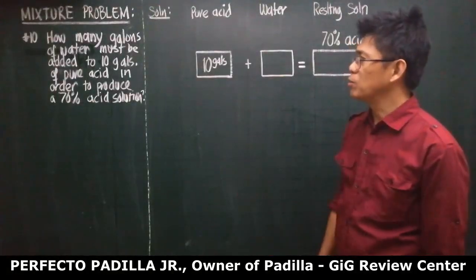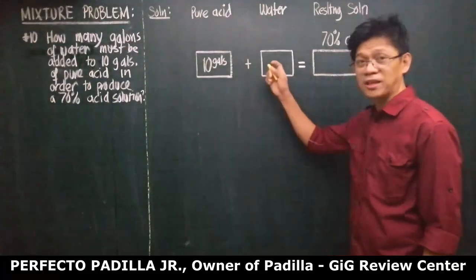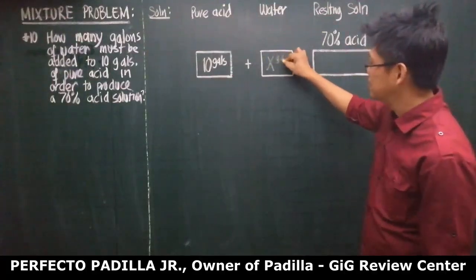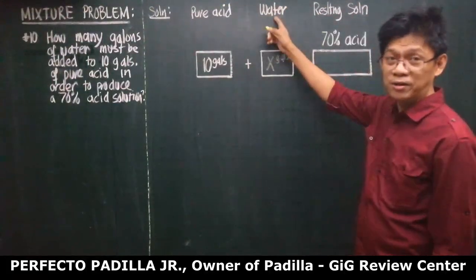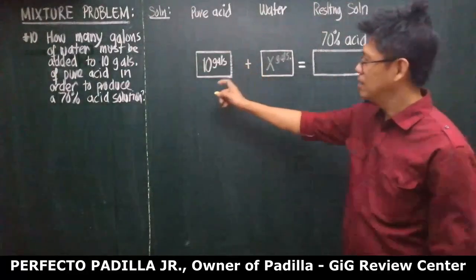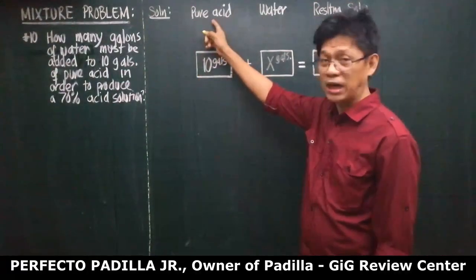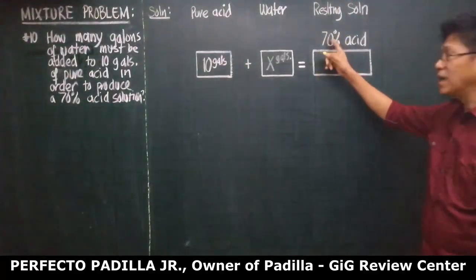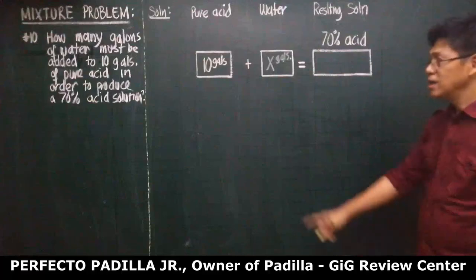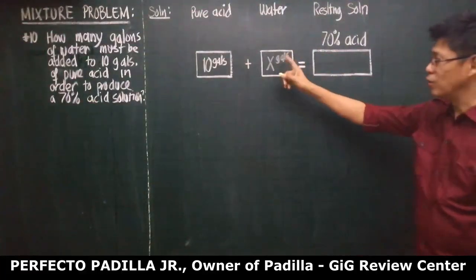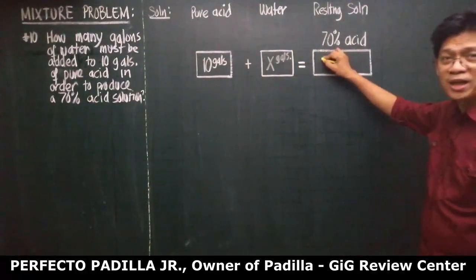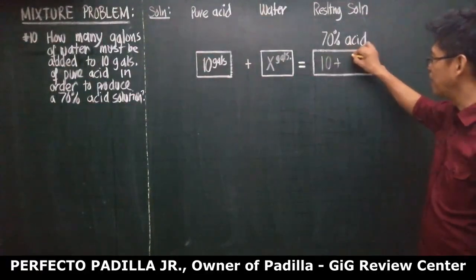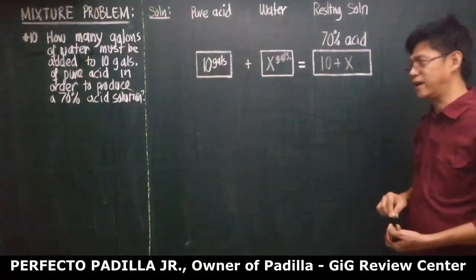What about this one? How many gallons of water? Let us represent that by this box. Sabihin nating x gallons of water must be added to 10 gallons of pure acid in order to get 70% acid solution. If you have 10 gallons, you add x gallons, how many gallons is the result? Siyempre, 10 plus x. Okay.